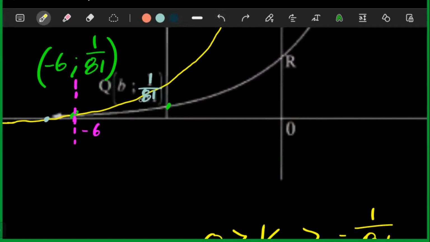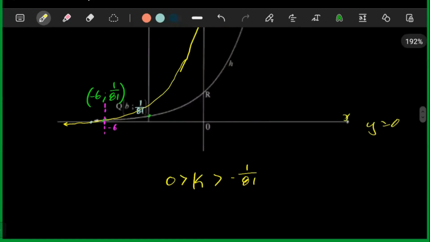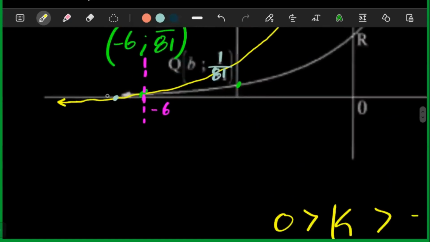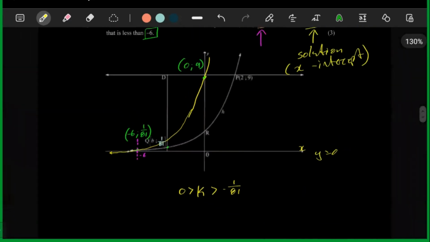Any distance that is smaller than this value means that your graph will be touching the x-axis at a value that is below -6, all the way until you've moved it down until your x-intercept is -3.